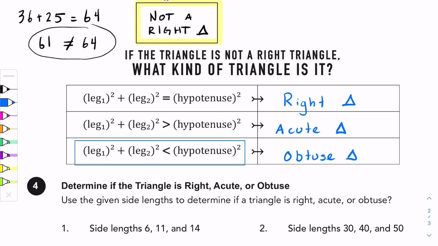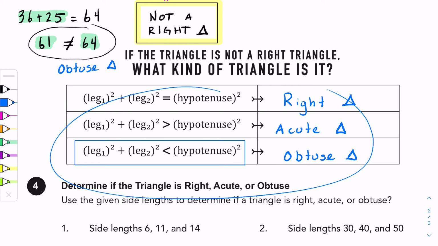Okay, if we're looking at this example above, it appears that our 2 side lengths of 36 and 25 added together to give us 61, and 61 was less than the hypotenuse squared. So in this example, this would be an example of an obtuse triangle based on this chart right here.